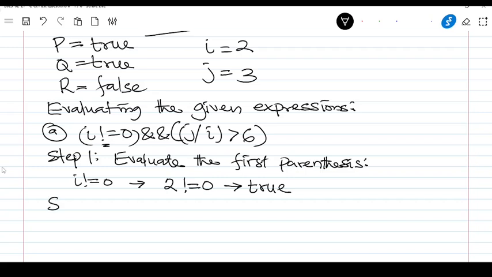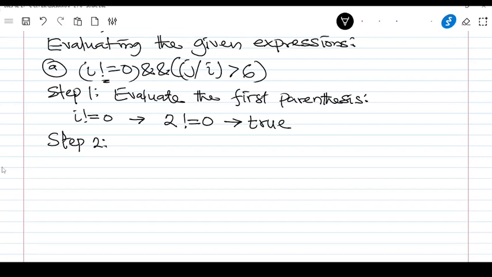So step 2, we evaluate what is j divided by I. j divided by I is equal to 3 divided by 2. And in C++, this is an integer division because we have an integer divided by an integer, so we're going to have an integer result. So what is 3 divided by 2?